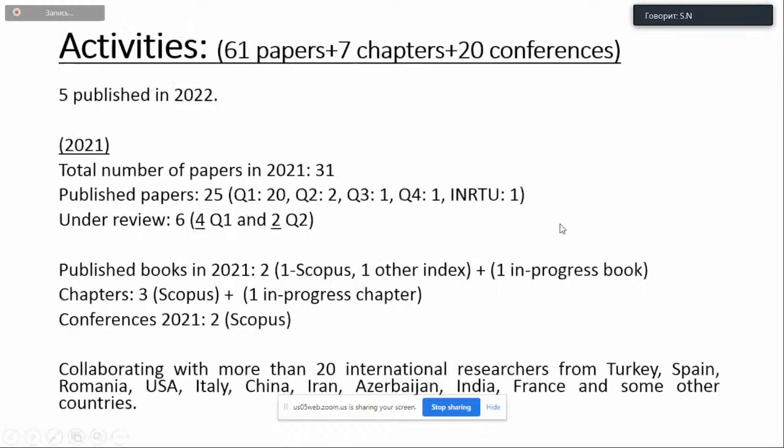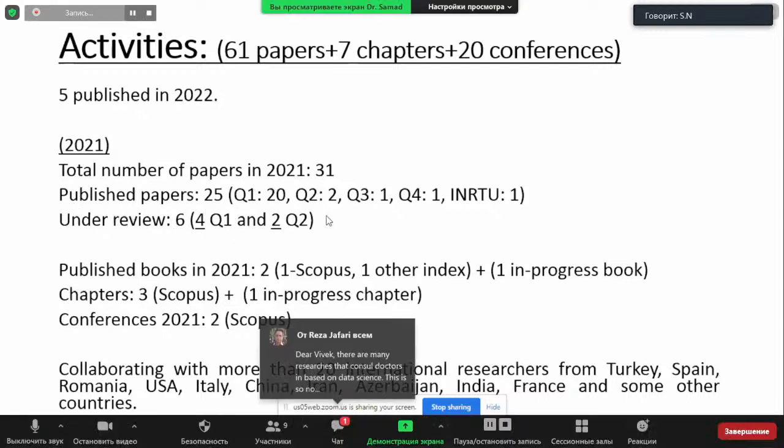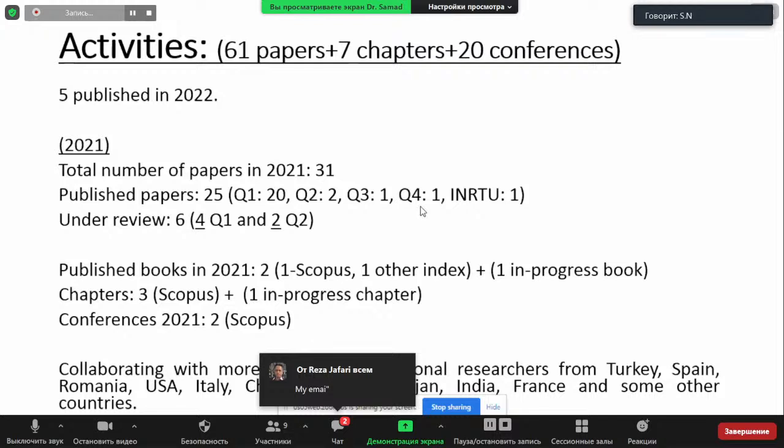I have some papers that I published in 2021. I published 51 papers, 20 Q1 papers, 2 Q2, 1 Q3, and 1 Q4, and some other papers.